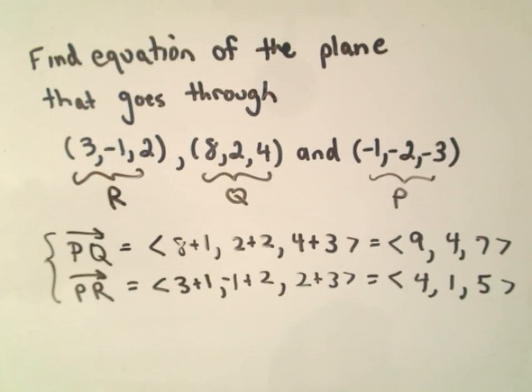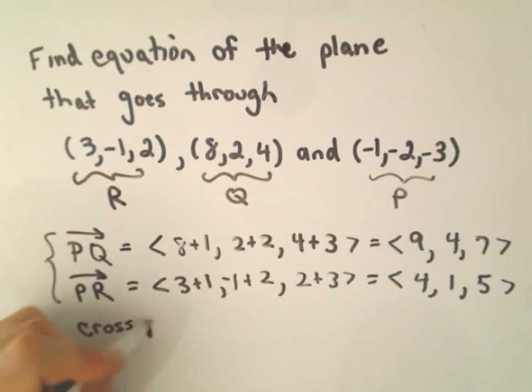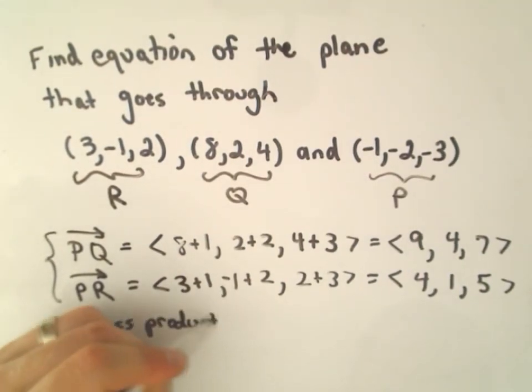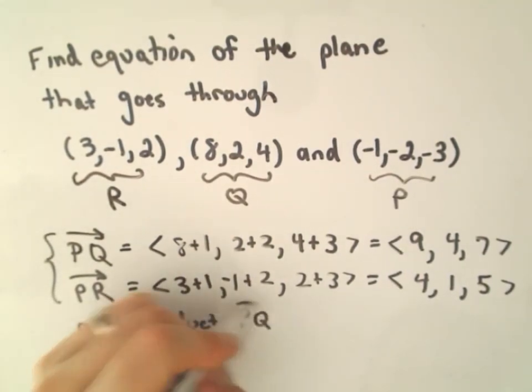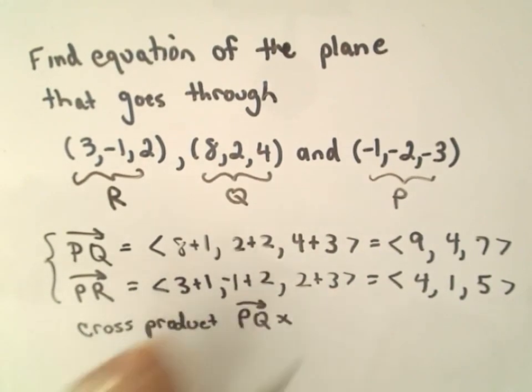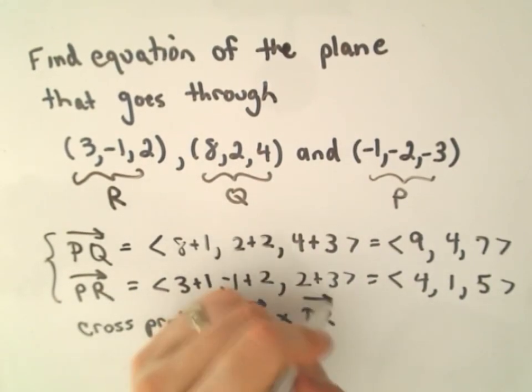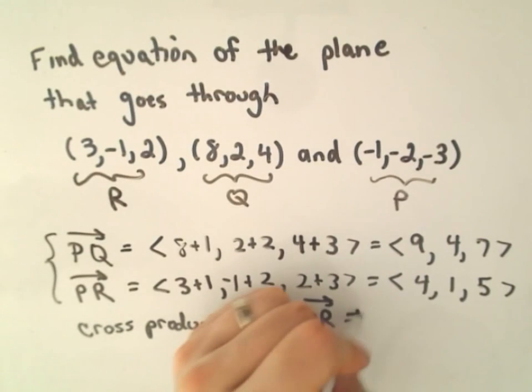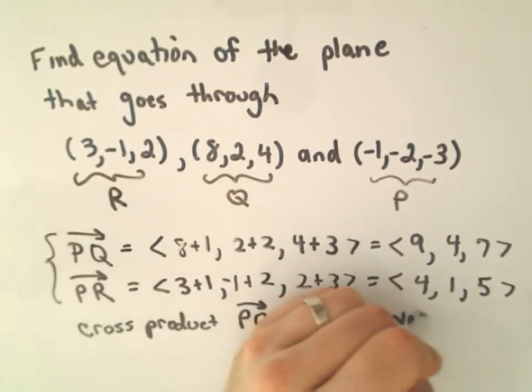So the cross product will create a normal vector. So here we're going to use the cross product of the vector PQ and PR, and this is going to give us the normal vector that we want.